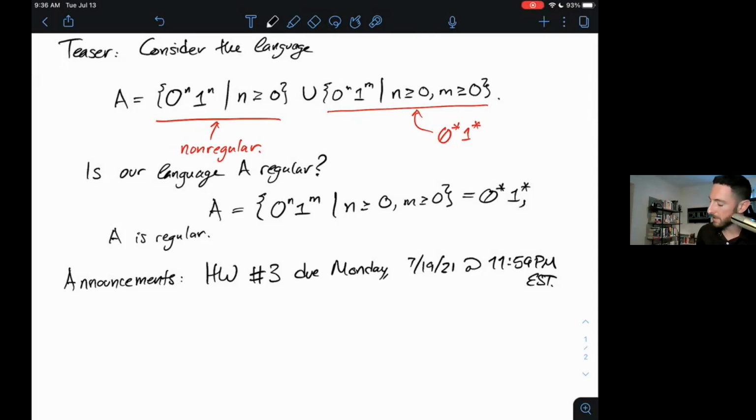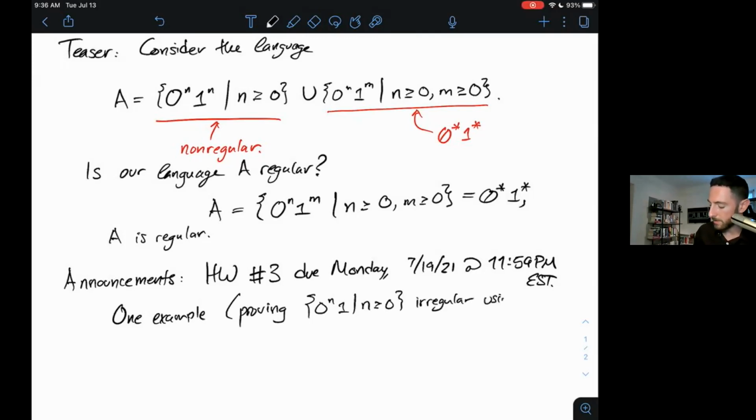One other announcement is that one example, specifically proving 0 to the n, 1 to the n, for n greater than or equal to 0, irregular, using the pumping lemma.